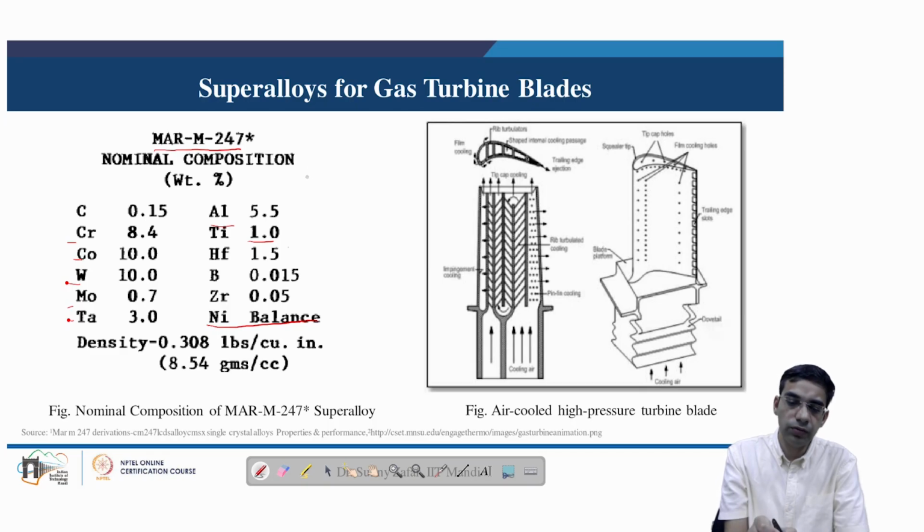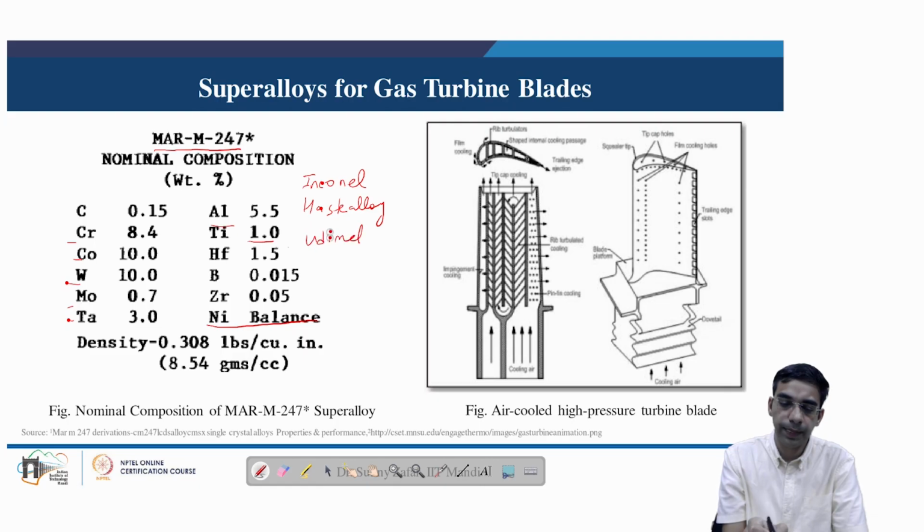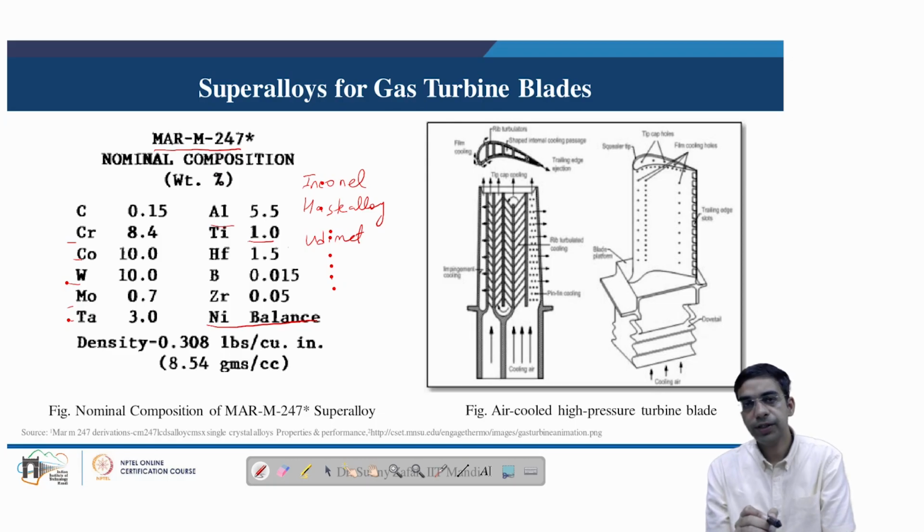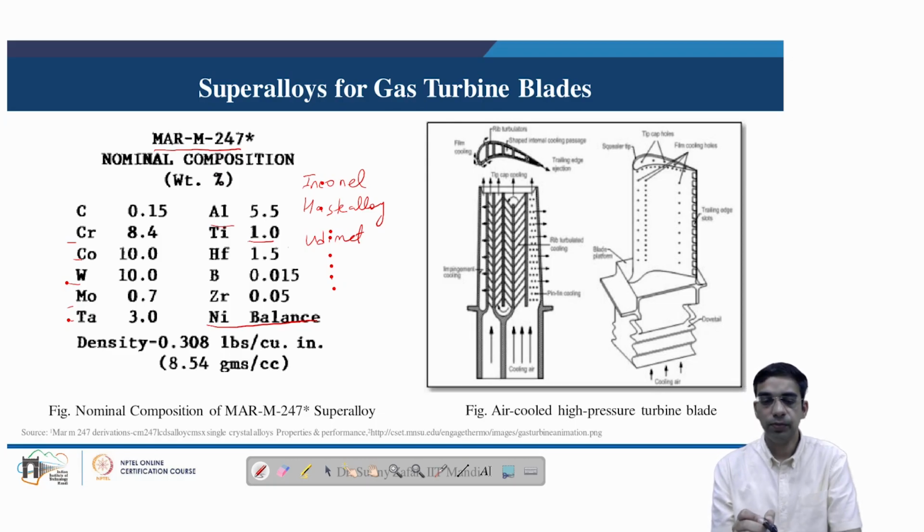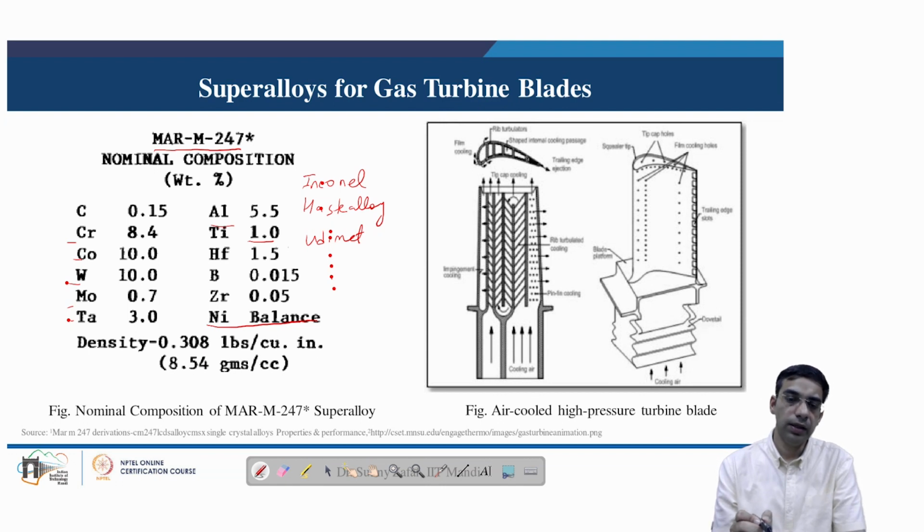There is a series of superalloys which are Inconel based, Hastelloy, Udimet alloy, and so on. So there are several types of superalloys which are available, and each superalloy is characterized by a specific composition.